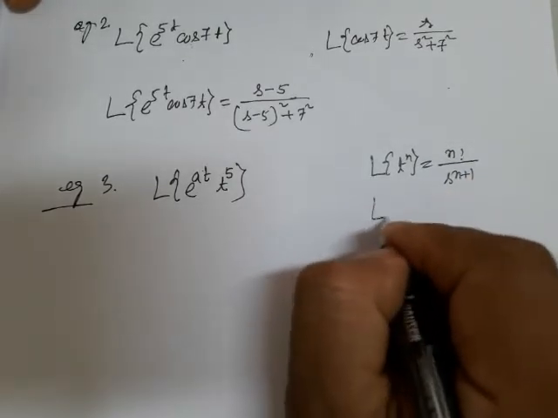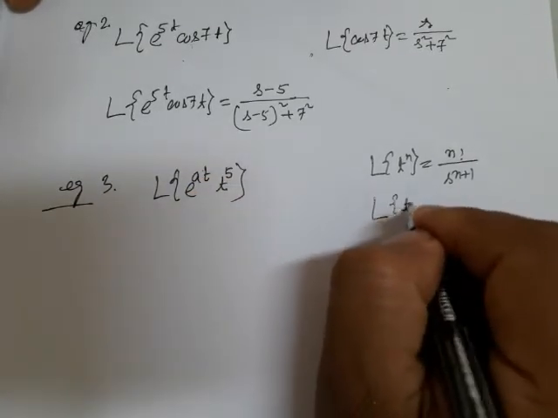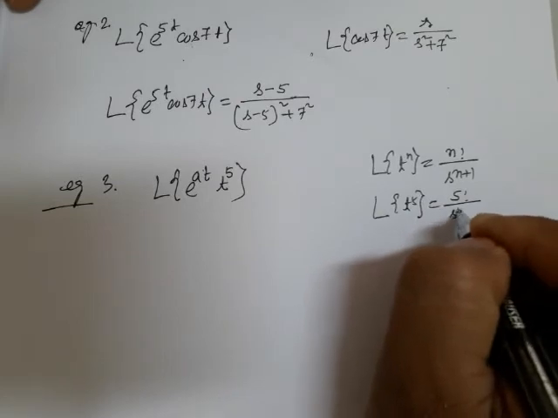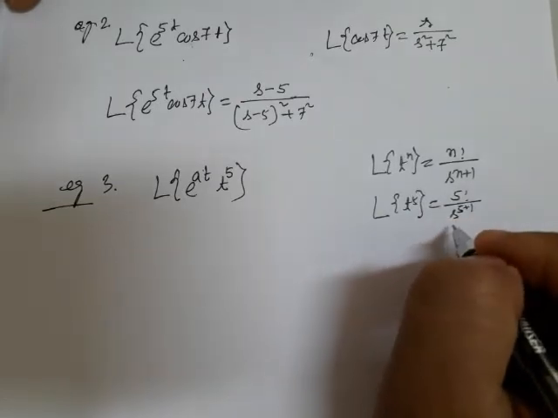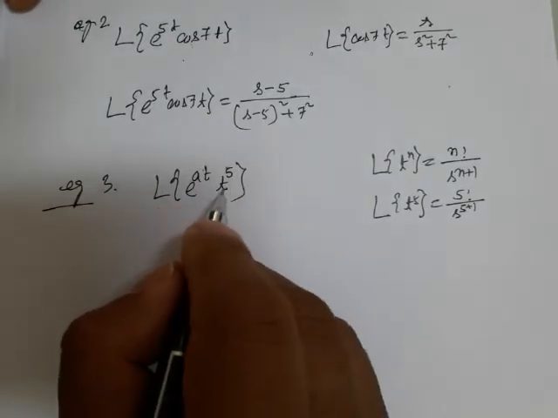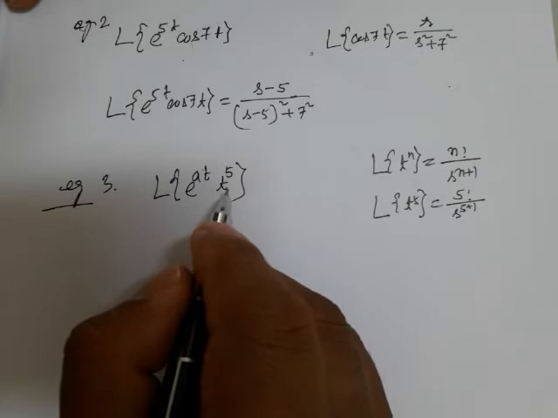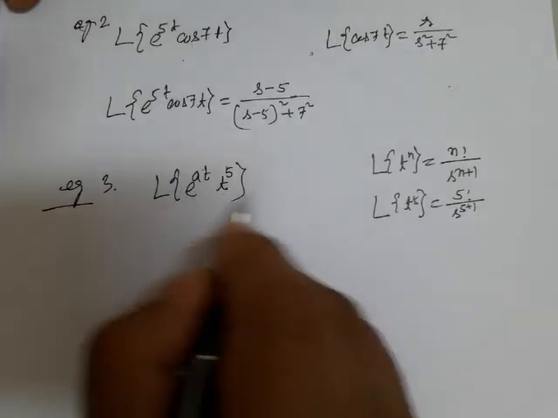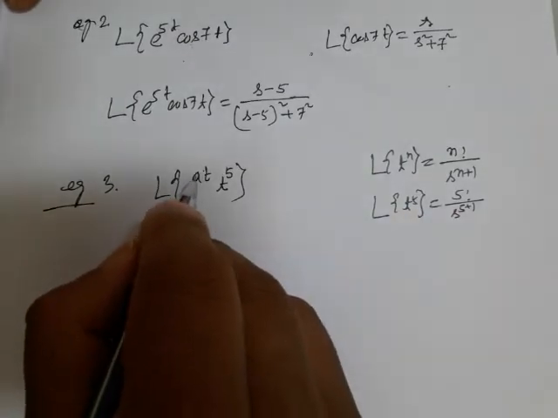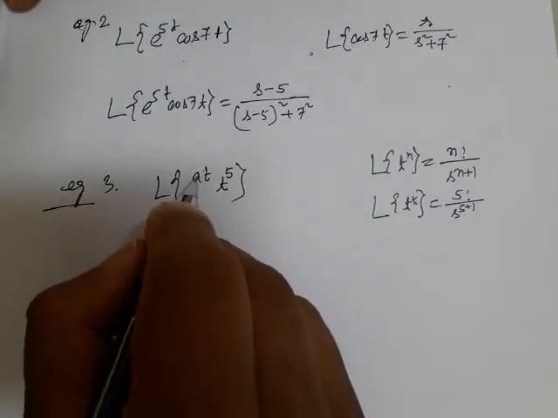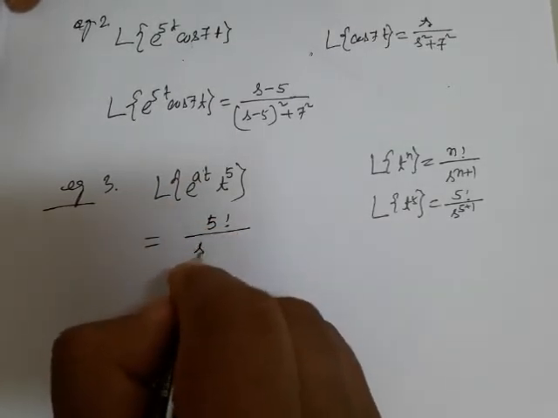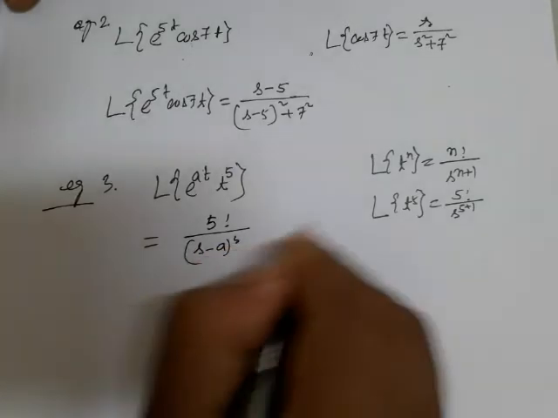So t to the power 5 is 5 factorial by s to the power 5 plus 1, that is 6. Now it is multiplied by e^(at). The first shifting formula says that all s in the right hand side will be replaced by s minus the coefficient of t. The coefficient of t is a here. So I have to write 5 factorial by (s minus a) whole to the power 5 plus 1, that is 6.